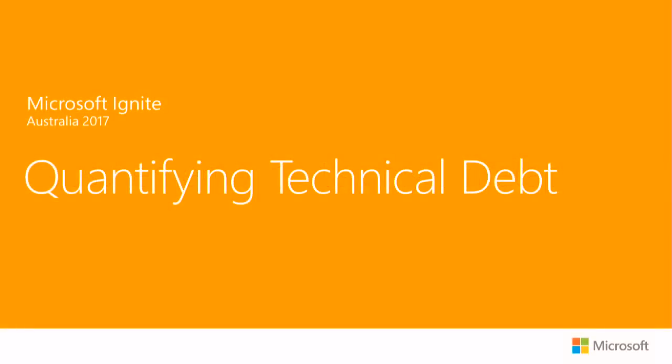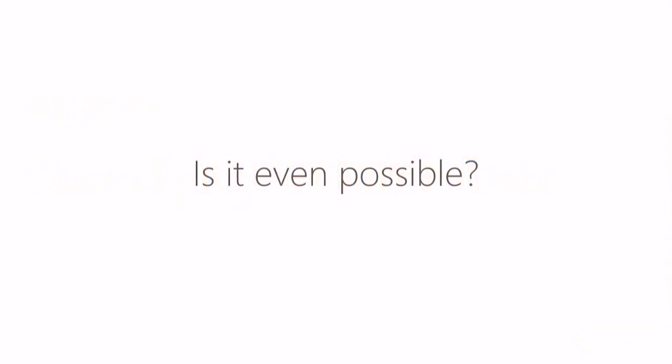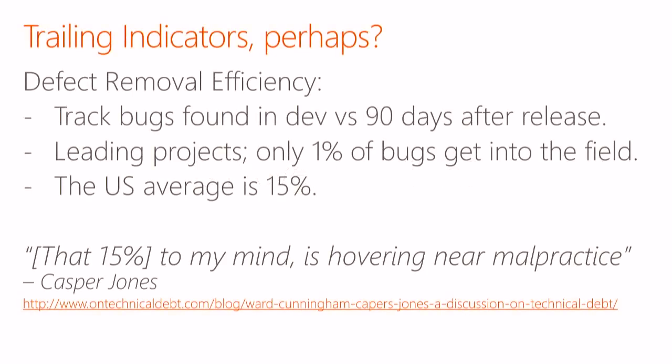So how do we qualify or quantify, I should say, technical debt? Is it even possible? Can we have a unit of measure, like the number of debts per person or something silly? I'm not sure. Maybe we can look at things like a trailing indicator. There's an interesting idea from Capers Jones, who says, if you think about the bugs found in development versus the bugs found 90 days after we've gone live, what's the ratio?